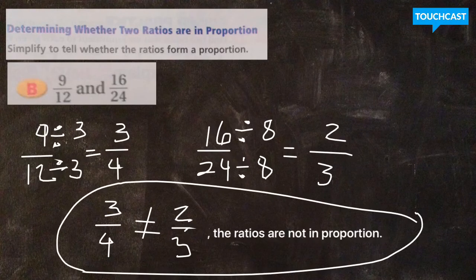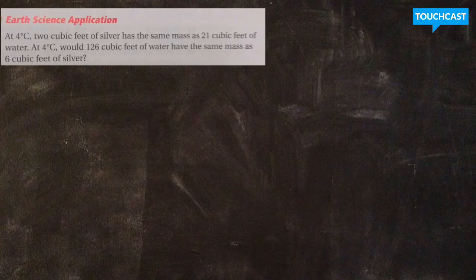Alright, we can move on to our last example. So we have an earth science application. At 4 degrees Celsius, 2 cubic feet of silver has the same mass as 21 cubic feet of water. The question is, at 4 degrees Celsius, would 126 cubic feet of water have the same mass as 6 cubic feet of silver? Well, let's find out.